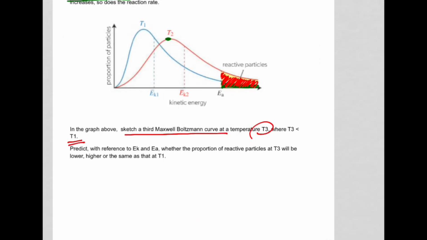So if T3 is less than T1, the maximum kinetic energy of the particles is even going to be lower. So the peak is going to be more to the left. It's going to be steeper like this.